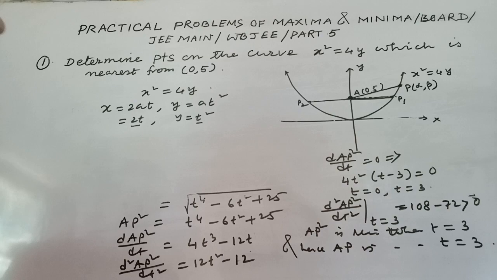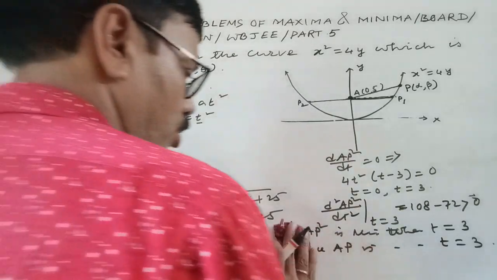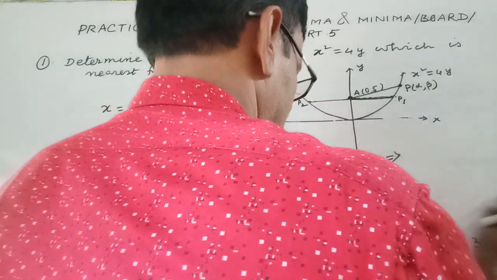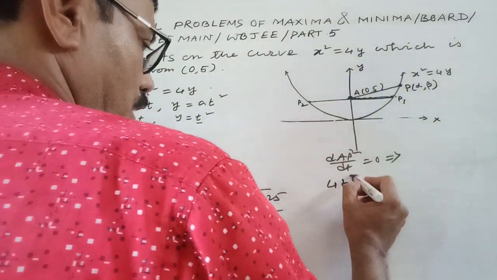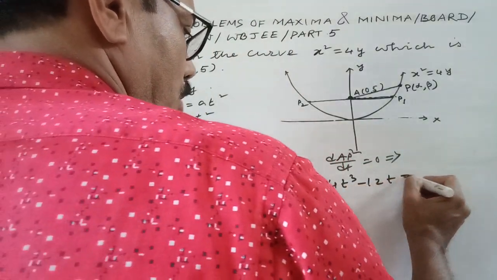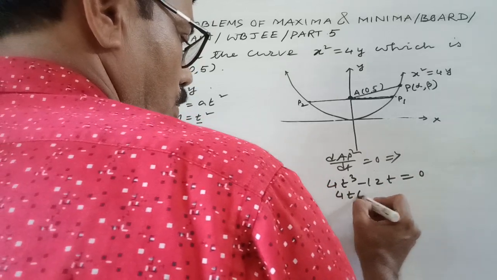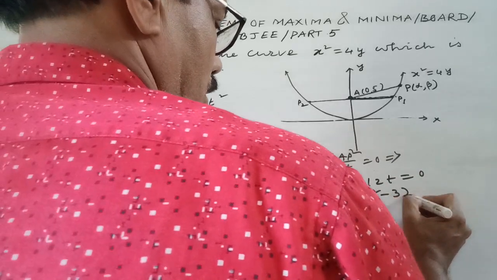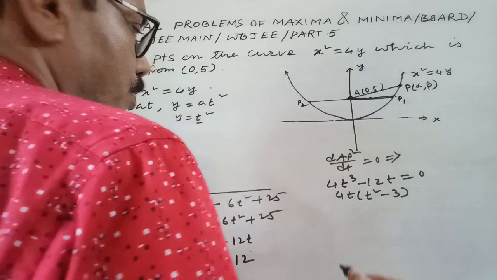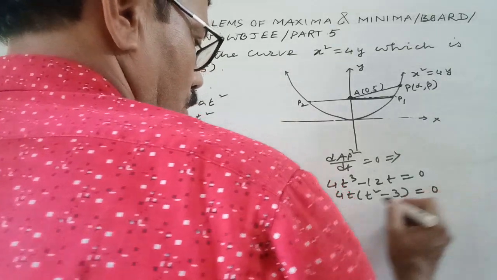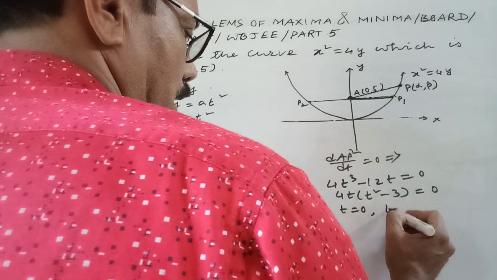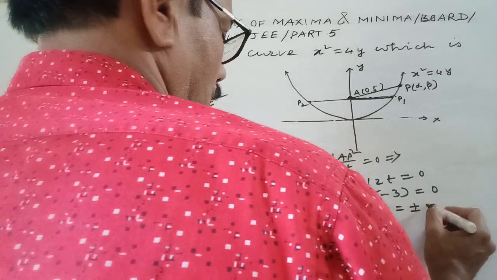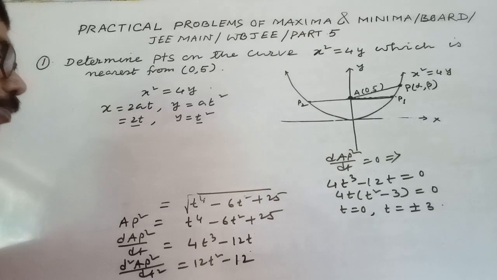Now d AP square by dt equals 0 implies 4t cube minus 12t equals 0. 4t common, t square minus 3 equals 0. So t equals 0 and t equals plus minus root 3.